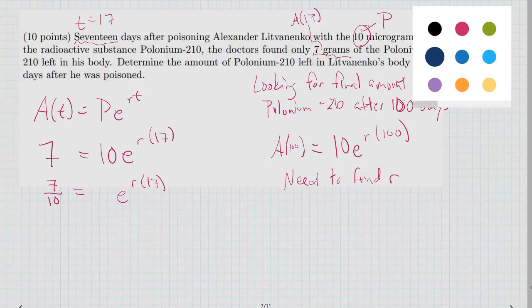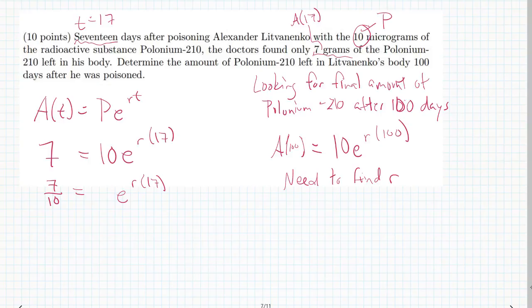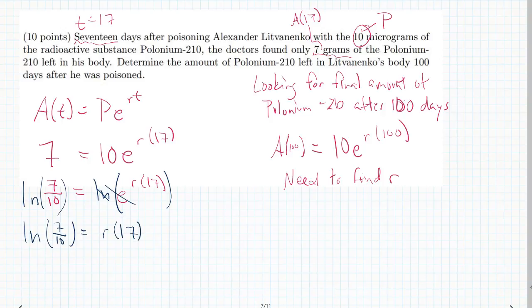I'm going to change colors real quick. And so what that means is we can now take a natural log of both sides to get rid of the E. Remember, once again, natural log is just a log with a base E, meaning we can cancel some things, so we can cross those out, essentially. And you have natural log of 7/10 equals R times 17.